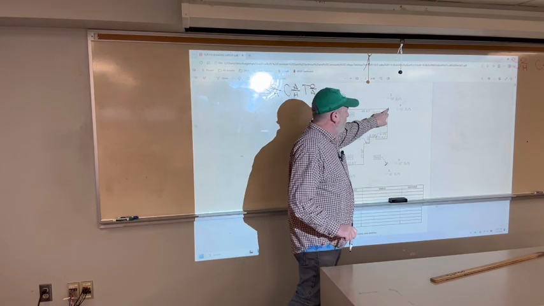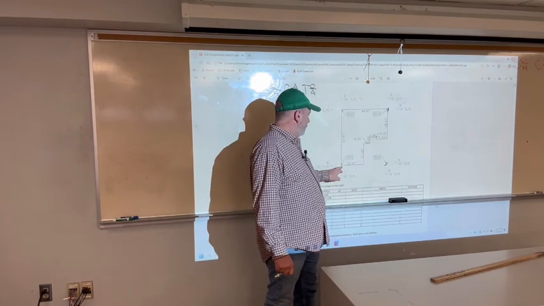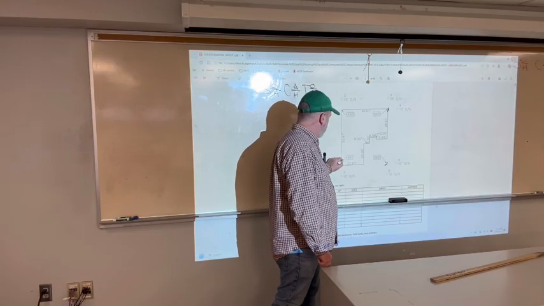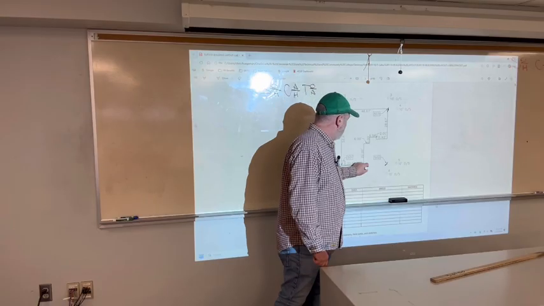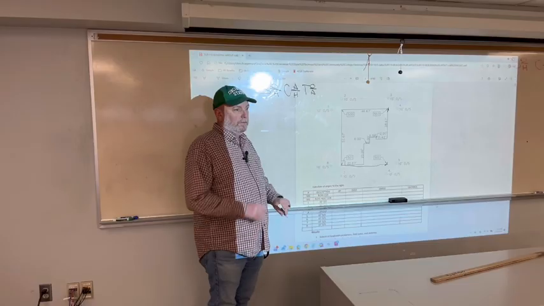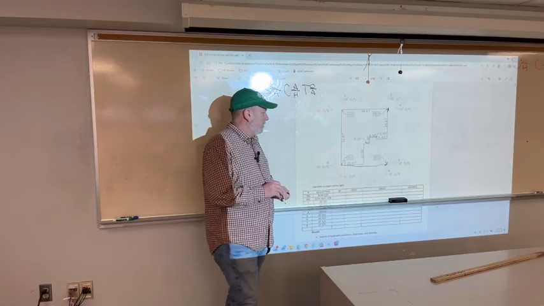What's your up, what's your over to get to that? What's your up, what's your over? This here would be a straight 90 degrees, the width of the building. Nothing too terribly complex, I hope.